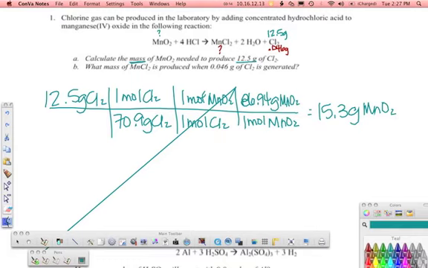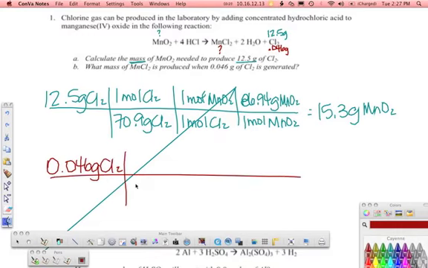For B, again, it's a mass to mass conversion, so it's going to look really similar to this. Beginning of this looks identical to what we started with.